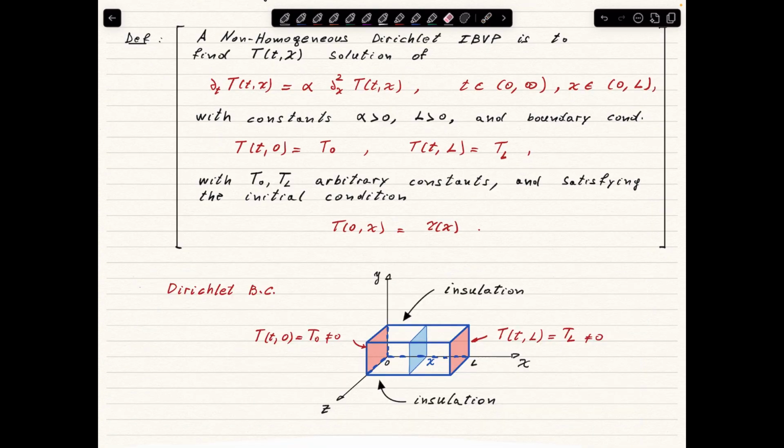The physical situation of the problem is that we have a solid material, in this case a rectangular box.